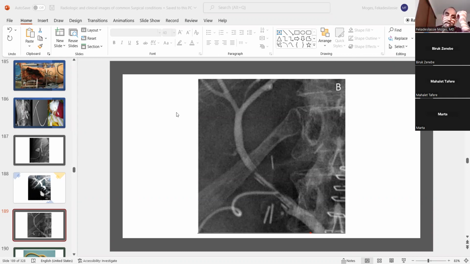So these days, there is no need of doing T-tube cholangiography. There is no need of doing CBD exploration, of course, unless it is really challenging and there are other indications. Of course, laparoscopic cholecystectomy has to be completed because, even though stones can be formed de novo within the CBD, most of the stones in the common bile duct originate from the gallbladder.